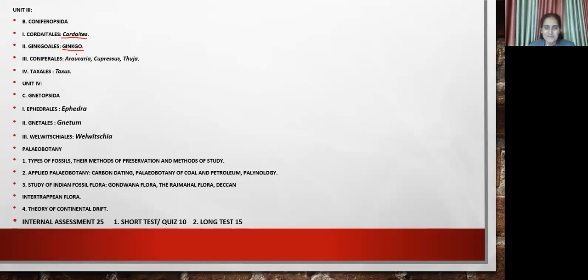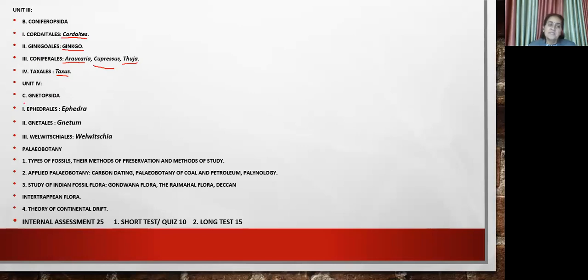But this is not a fossil, it's a living genus. Then the next order is Coniferales, under which you have to study 3 genera, Araucaria, Cupressus, and Thuja. Next order is Taxales, under which you have to study genus Taxus. So many genera you have to study this time, not like Bryophyta, where you studied only 9 genera.